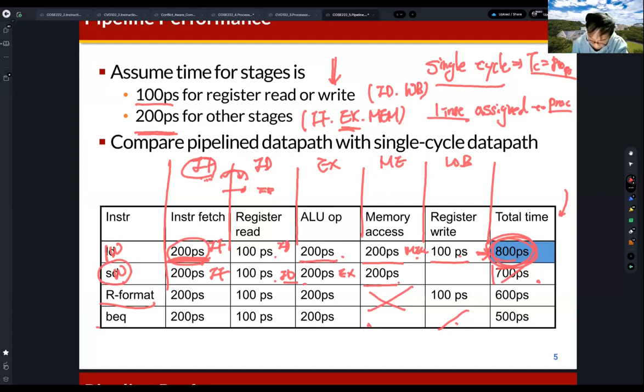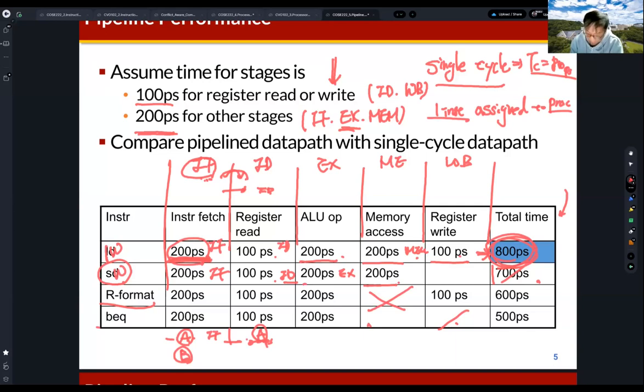It looks like this. Firstly, instruction A takes 200 picoseconds in the instruction fetch stage. In the next 200 picoseconds, A is moved to the register read, and B is in the instruction fetch stage, so a new instruction can be assigned.